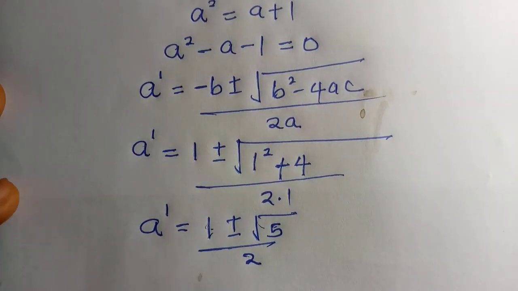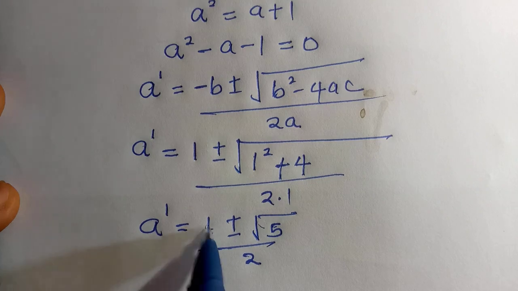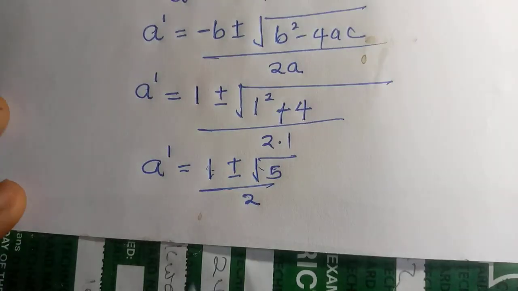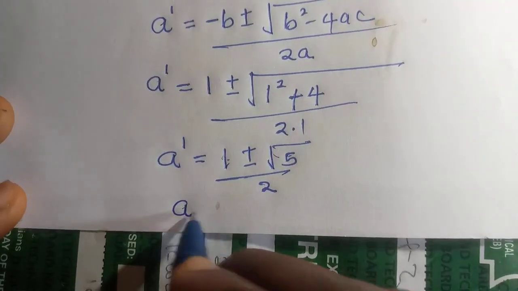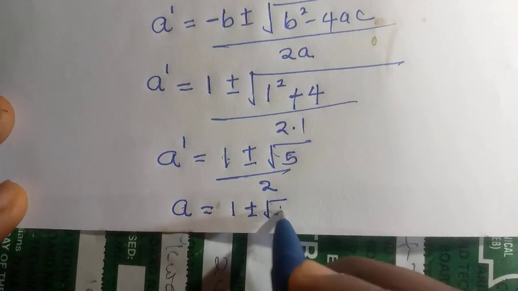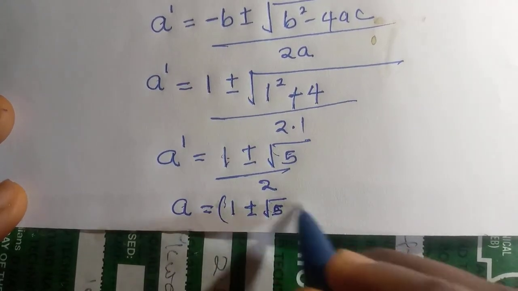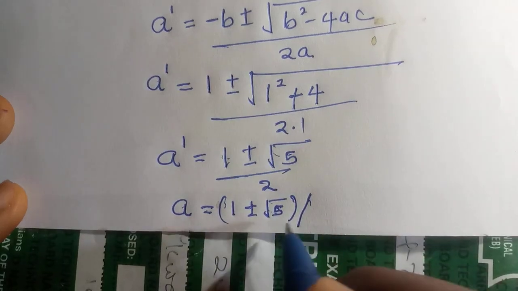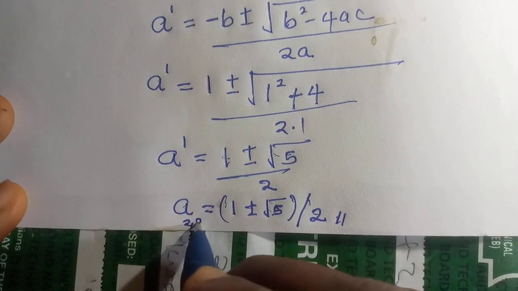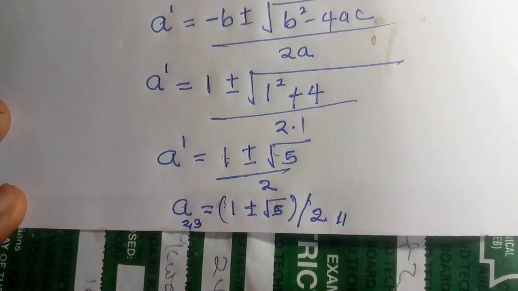And here are our real solutions to this. So don't forget that it is not a prime. What we really need here is the value of a, but to avoid confusion, that's why I made it a prime. So we have a equals 1 plus or minus square root of 5 divided by 2. These are our a2 comma a3. So this is how we solve this problem.